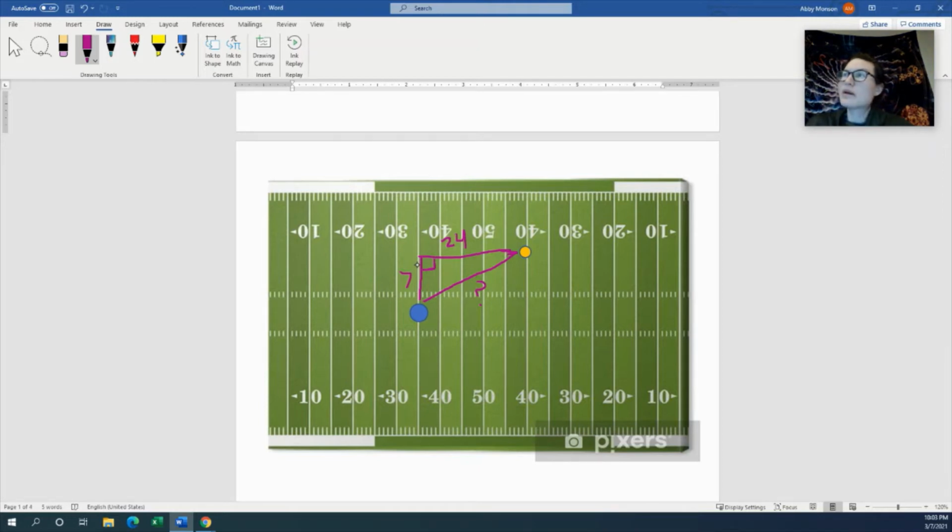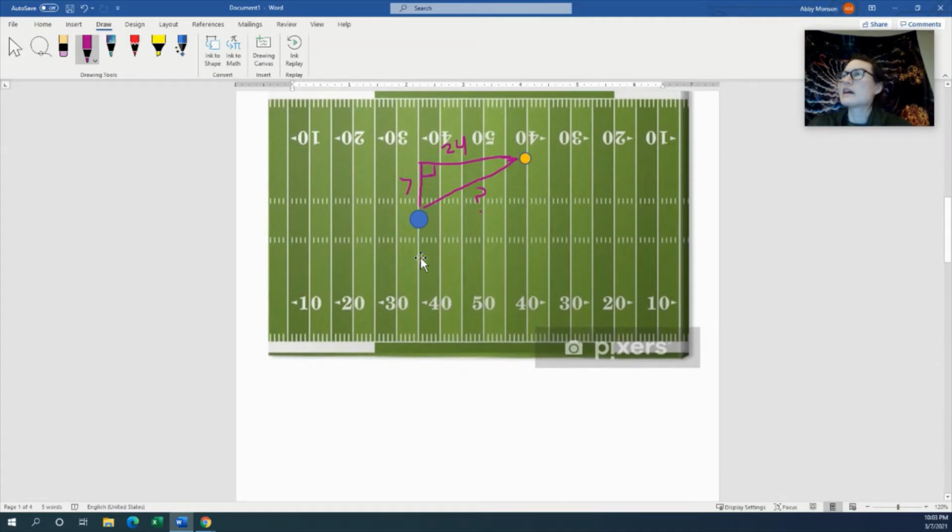So let's remember that the Pythagorean theorem says that a squared plus b squared equals c squared. Remember, the hypotenuse is the long side, that's C, and then this will be A, and this will be B. So I'm going to take the 7, that's side A, squared, plus 24, which is my B side, squared, equals C squared.